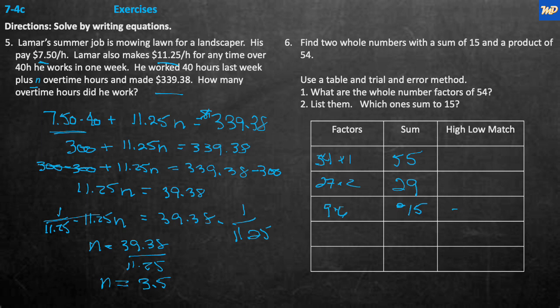So this is high, and this is high. So the answer is 9 times 6 is 54, and 9 plus 6 is 15. That's the answer to our problem here.